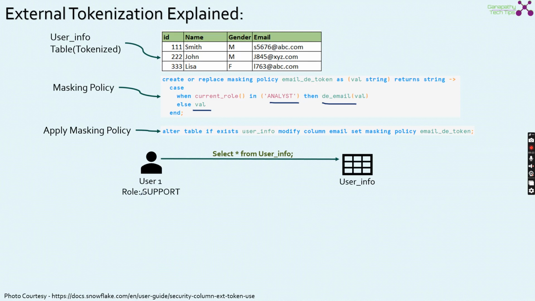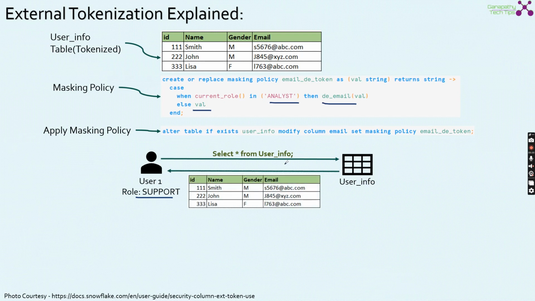Now user 1 is using the role of support and trying to fire this query, select star from user info. Obviously, as you know, it will return the tokenized data which is stored in Snowflake. Since val is mentioned here, this data is getting returned, but this is not valid data, it is the tokenized data.